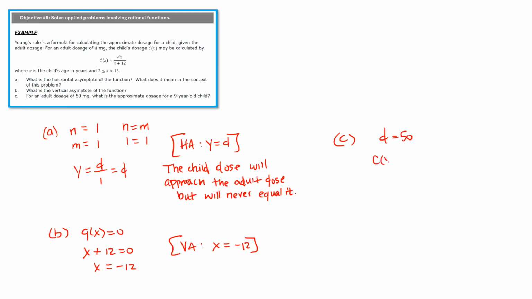So C of x will equal 50x divided by x plus 12. x represents the child's age, and our child here is 9. So we substitute 9 into our function, and we get approximately 21.4 milligrams.